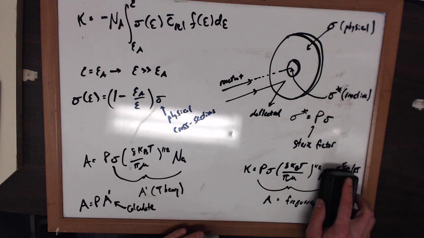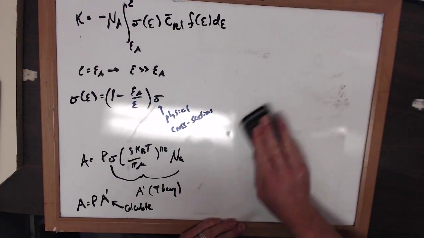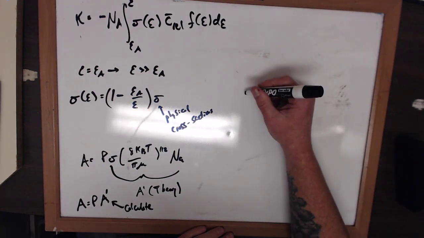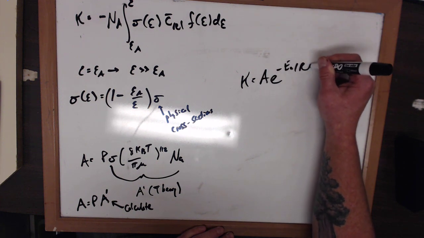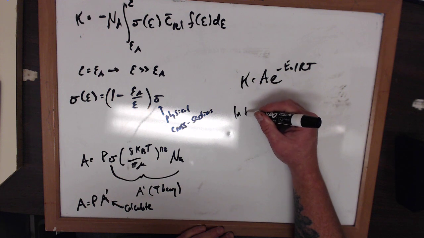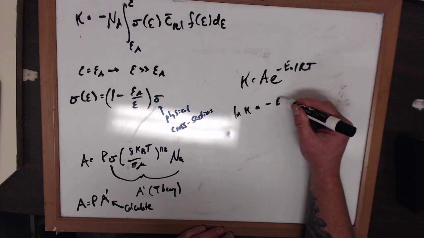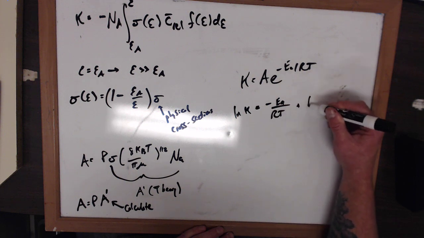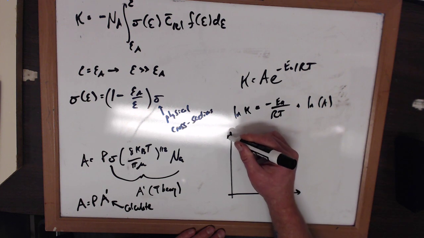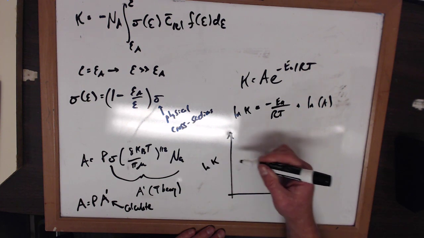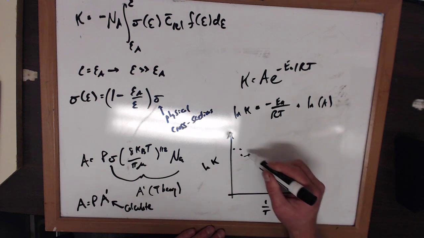But if we go on and do our experiment at several different temperatures, recall that k equals A e to the negative EA over RT. If we take the natural log of k, we get negative EA over RT plus natural log of A. So if we did several experiments at different temperatures and analyzed the data as natural log of k versus 1 over T, we might see something that looks like this.